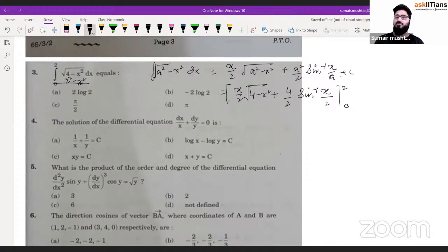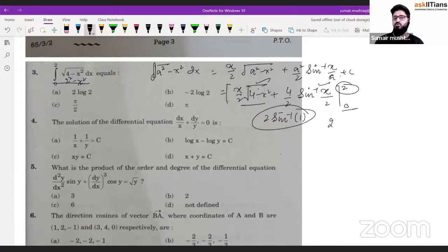If you give the upper limit as 2, the first term is going to be 0 and the sine inverse term is going to be 1, so this is 2 sine inverse 1. When I give the value 0, it is 0 times sine inverse 0, which is also equal to 0.